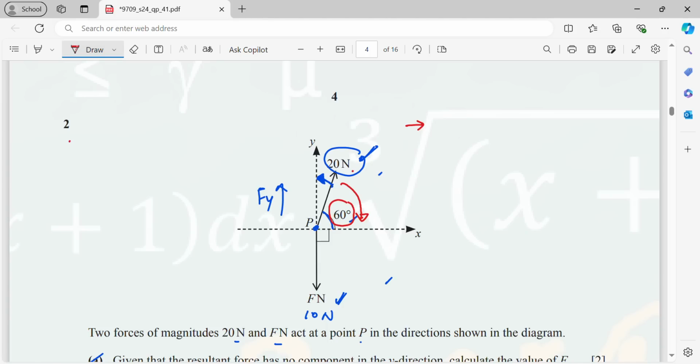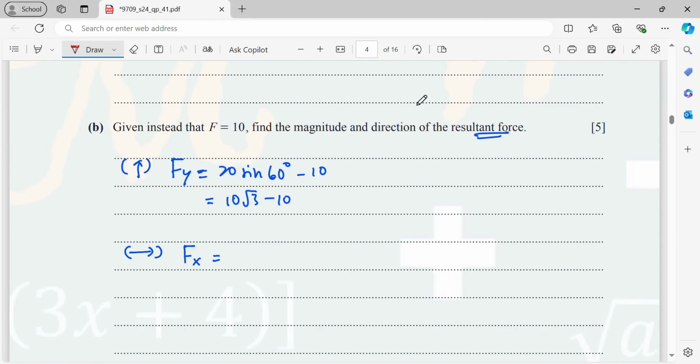The resolved force becomes 20 cos 60. You must remember whenever you use the given angle, that is cos. So I will write 20 cos 60 degrees, and 20 cos 60 is half, therefore you are getting 10.